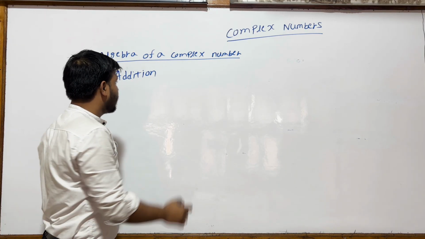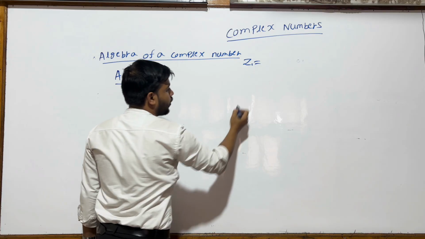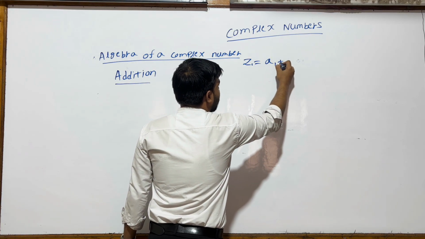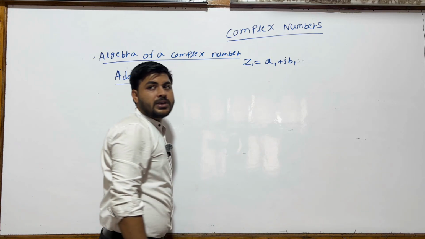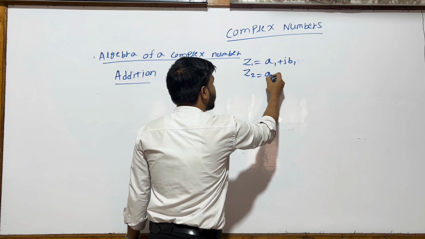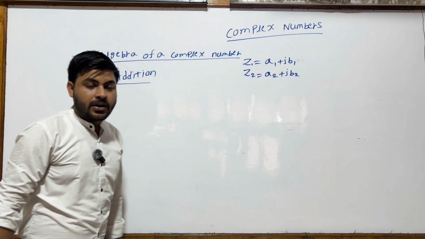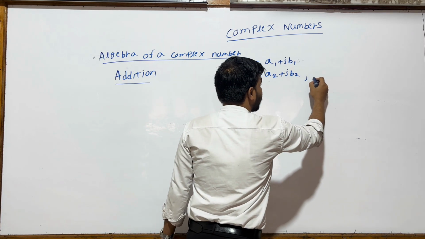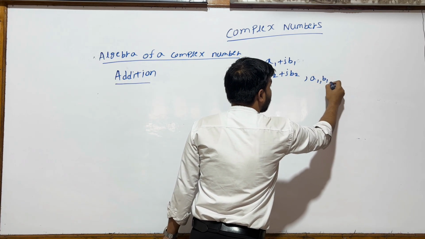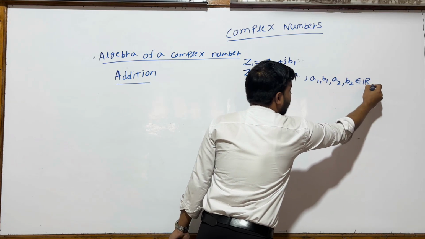Suppose z1 equal to a1 plus ib1 is a complex number. Another, z2 equal to a2 plus ib2, is also a complex number. Of course, a1, b1, a2, b2 are real numbers.